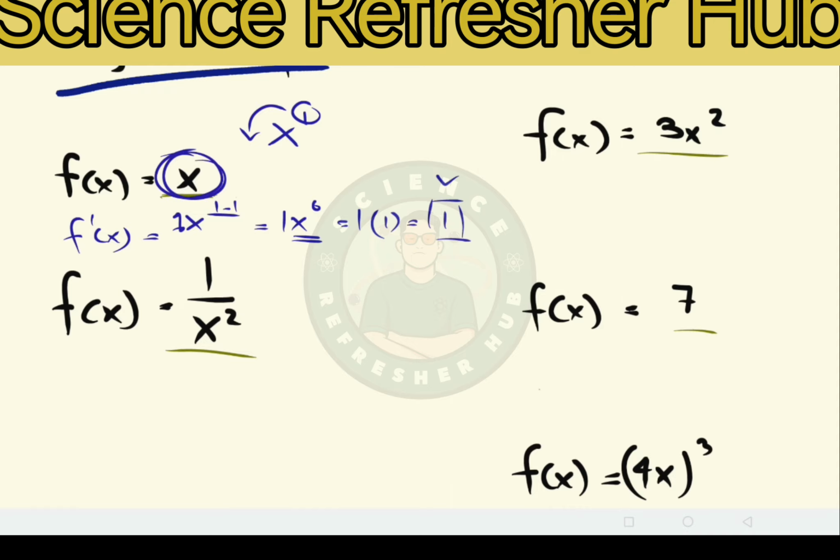What about 1 over x squared? f prime of x is equal to, since it's in fraction form, we can rewrite this to make it easy to perform. So we can take the reciprocal of it, so we can have x raised to negative 2, because x raised to negative 2 is just equivalent to 1 over x squared.